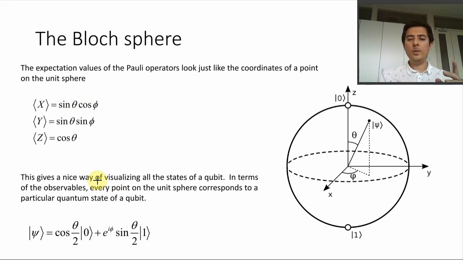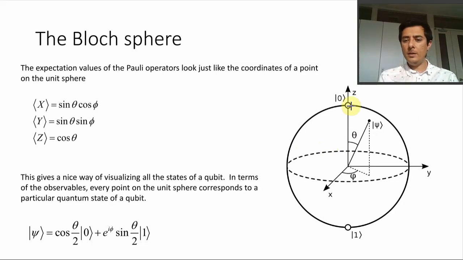Normally a state of a qubit is a little bit abstract. What are all these complex numbers? How can we understand what all the different states are? Well, this is the way that you normally visualize states.